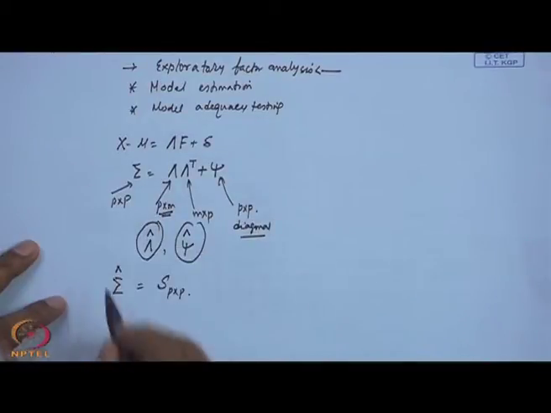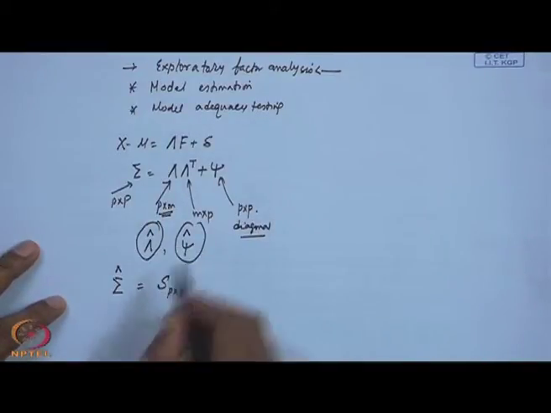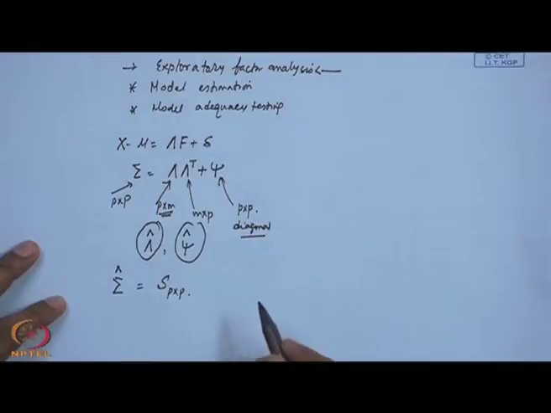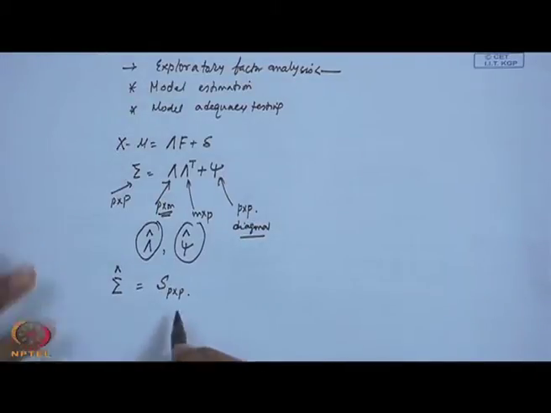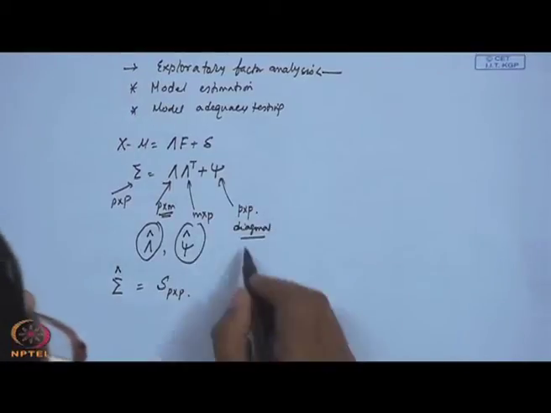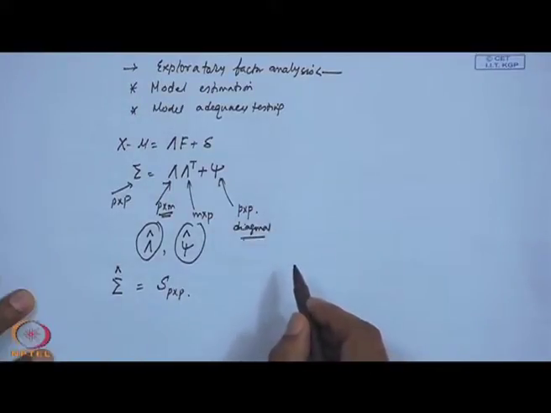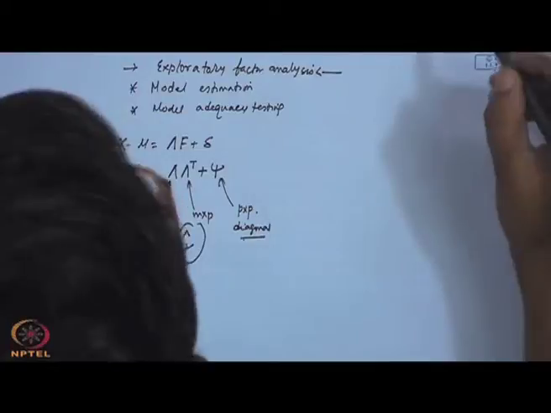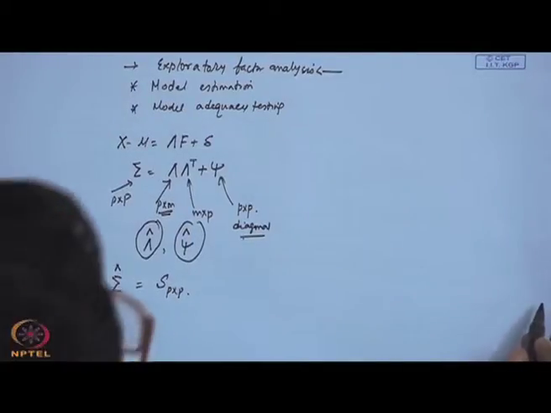One is P cross M, another one is P cross P, but where this error term or specific variance term is diagonal. Okay.